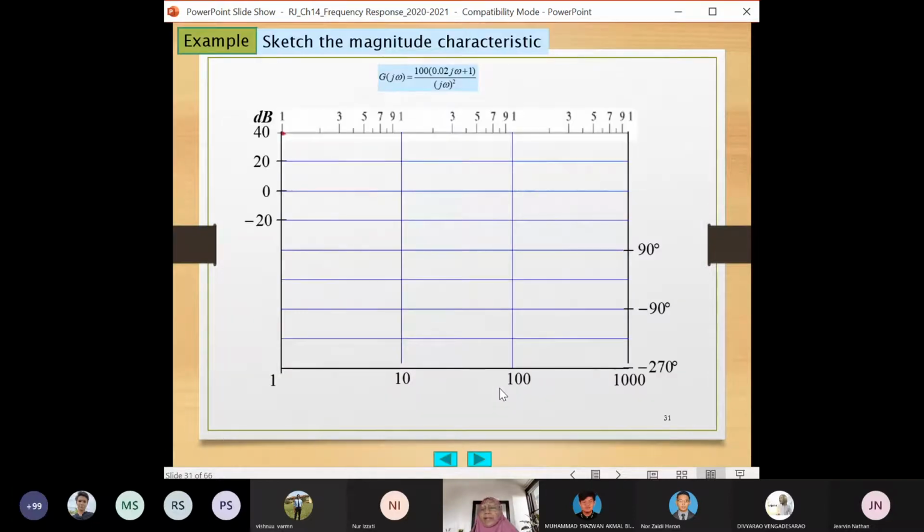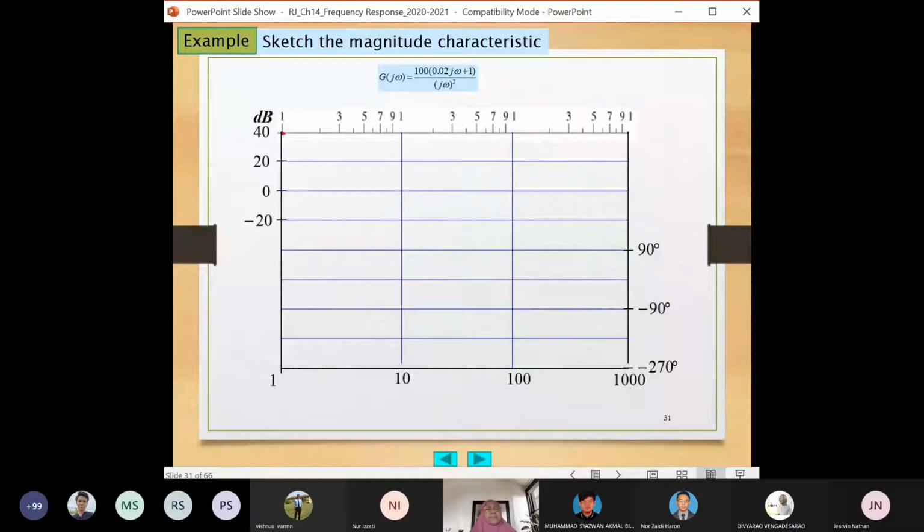Okay, now we go with an example. What I have been talking about, the changing, you will not see it until we sketch the magnitude and Bode plot of a transfer function.